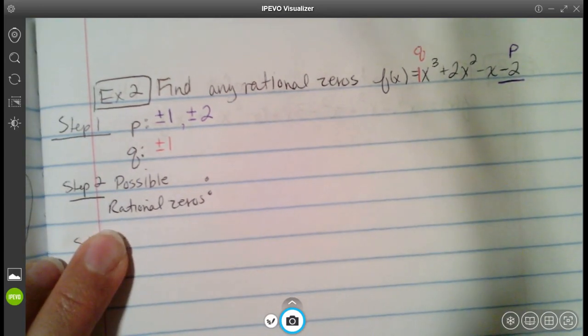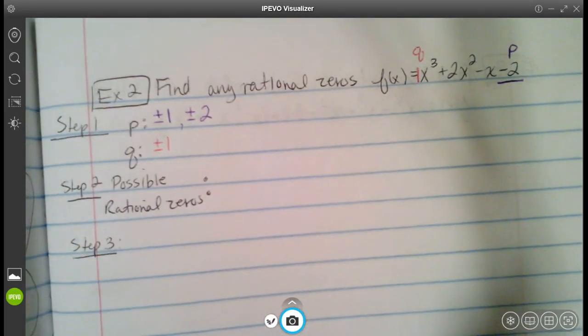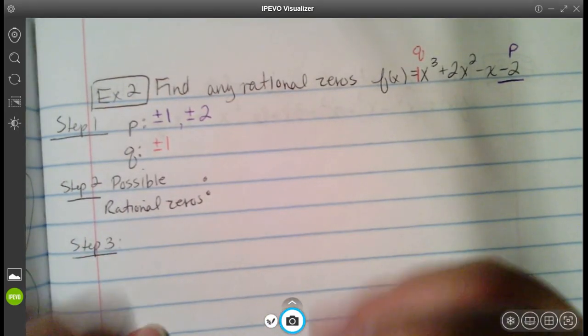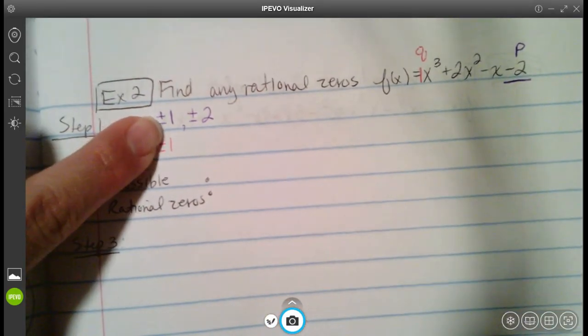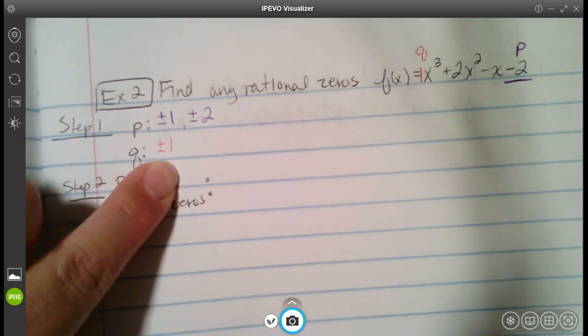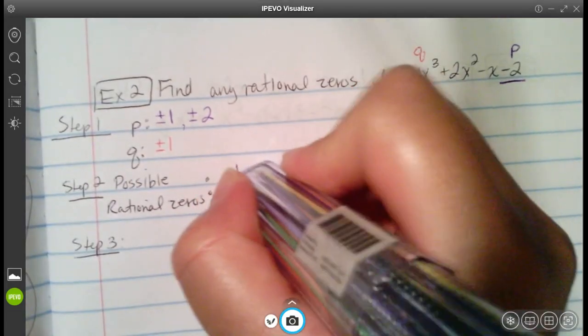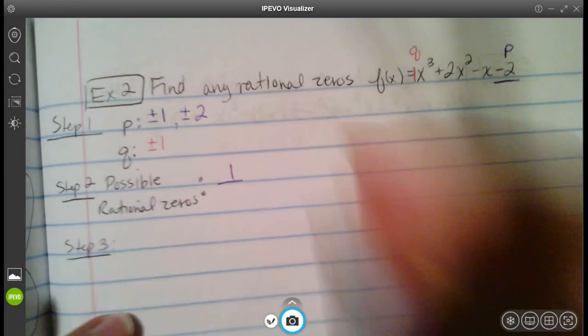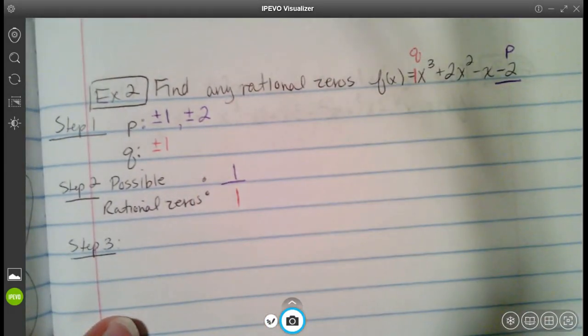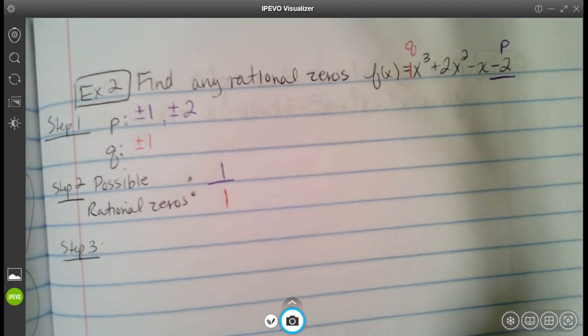So for step number 2, I'm going to combine these. I'm going to say P over Q. So the first combination I have is +1 divided by +1. So 1 over 1 is one combination I could have.